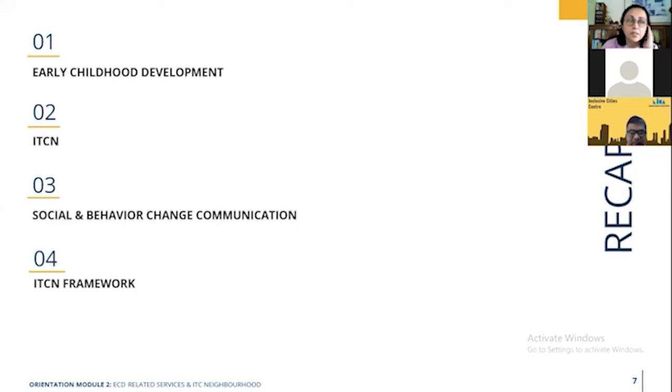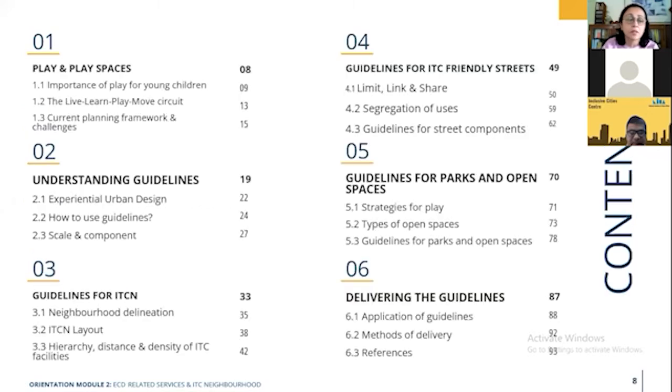Third thing that we discussed is social and behavior change communication. So specific methods that how these policies and programs can be communicated so that they are beneficial for the users. And then in the last we discussed ITCN framework. infant toddler caregiver friendly neighborhood का net framework क्या है, मतलब कैसे उसको बनाना चाहिए और क्या चीजें उसमें कवर हो सकती.